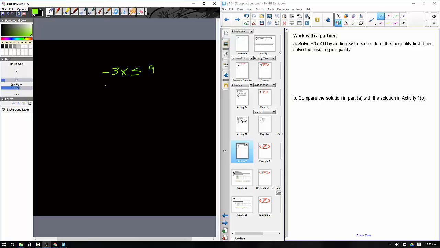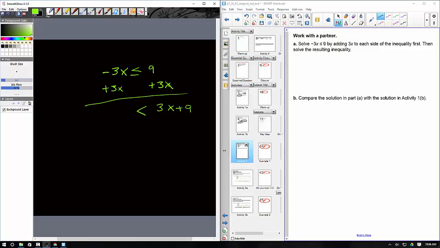It's saying, first of all, add 3x. So I'm going to add 3x to this side. The only problem with doing this is that I have nothing on this side now, so I just have 3x plus 9. I have 3x plus 9 and I have this here, and there's nothing on this side.